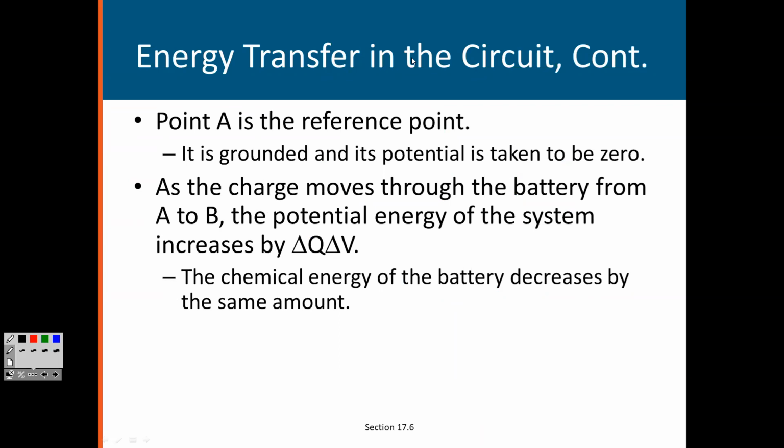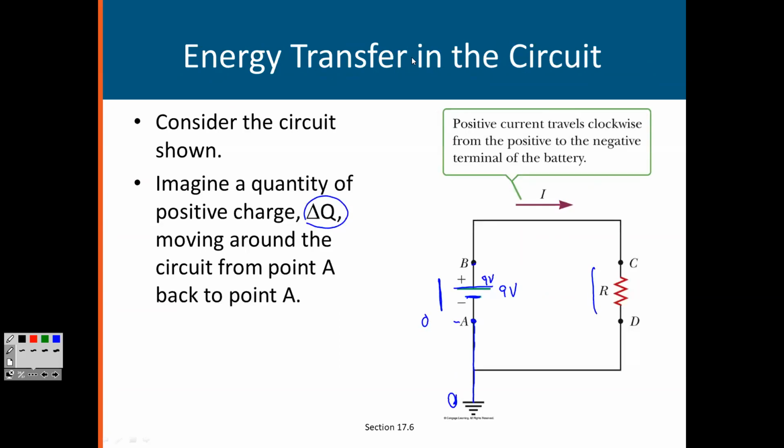We are again saying point A is the reference point. It is grounded and its potential is taken to be 0. Now, as the charge moves through the battery from point A to B, the potential energy of the system increases by delta Q delta V, because inside the battery the chemical potential energy will transfer to the electrical energy of the charges.